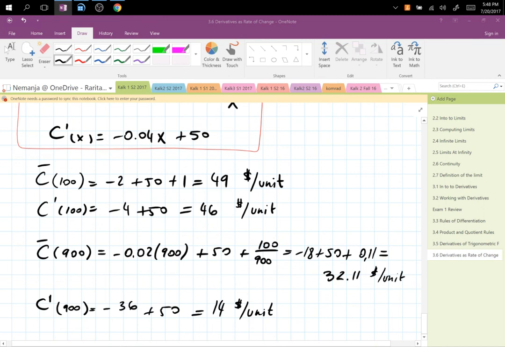So now you can compare between the different amounts of units produced, and you can also compare.